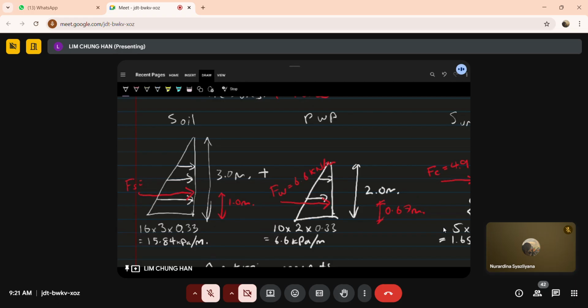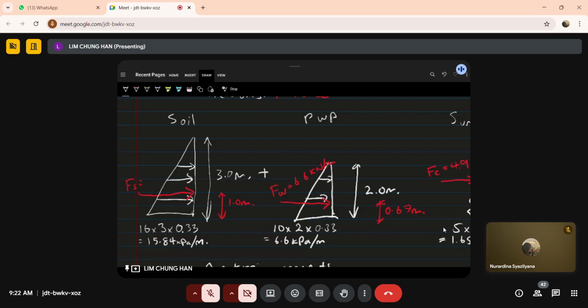Okay, now, this 1 meter, very good question. Thanks for asking. This 1 meter is the height at which the Fs reacts. It's a resultant force. It's the location of the resultant force. It's 1 meter from the bottom. Now, Fs itself is the resultant force.